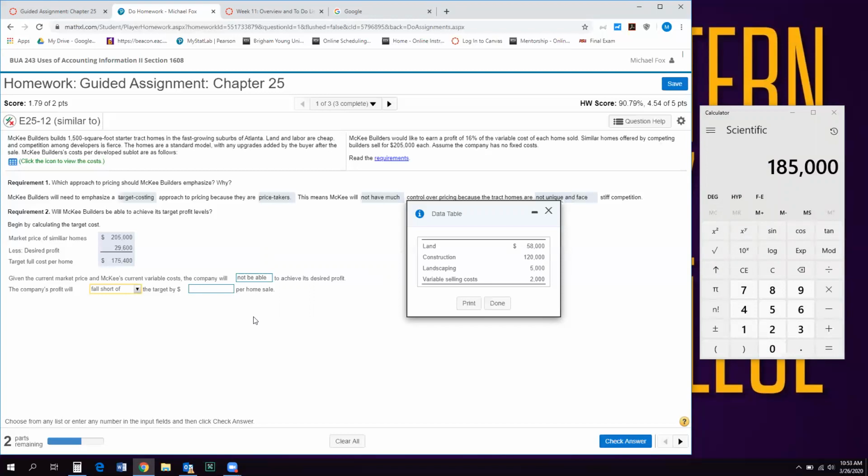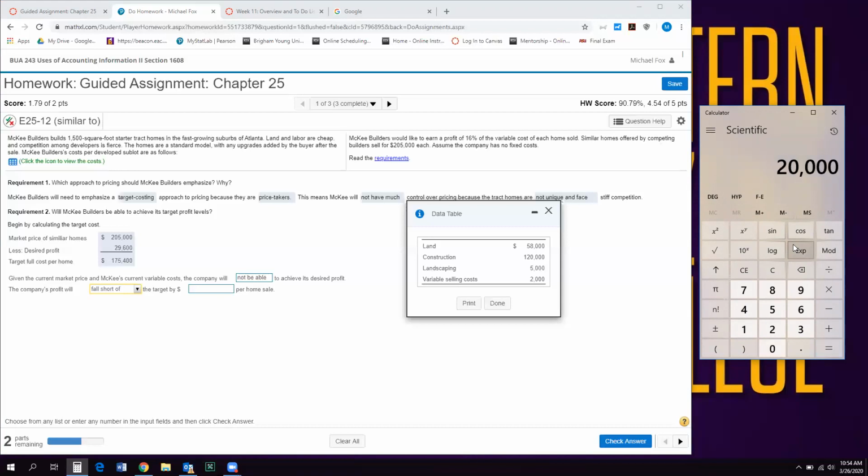So what we have to do is say, if our cost is $185,000 and we can sell it for $205,000, 205,000 minus 185,000 should be 20,000, right? 205 minus 185.